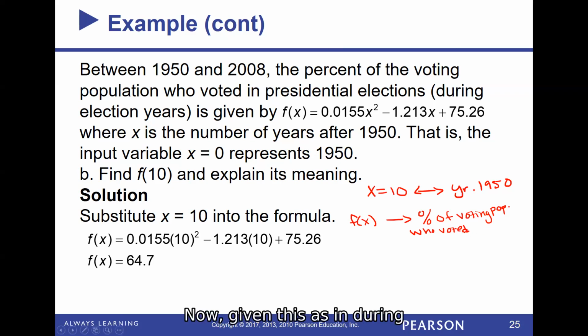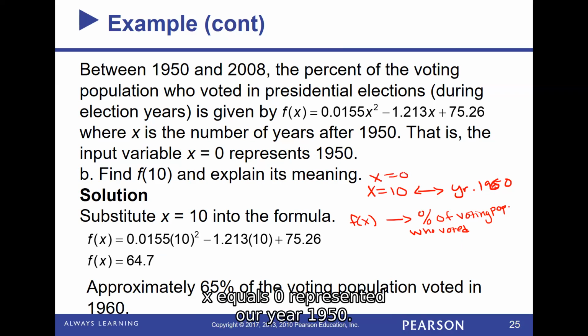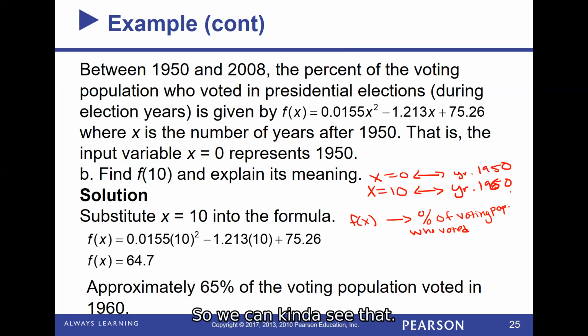Given this is during a presidential election year, we can say that approximately 65%, because 64.7 rounds to 65, voted in 1960. Since x equals 0 represented 1950, this one was 1960.